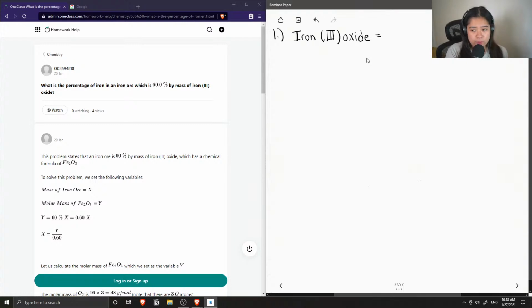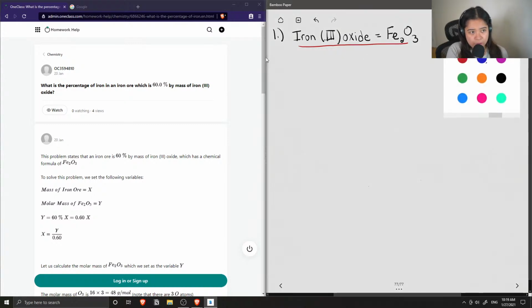So we know that the iron has an oxidation state of 3, and we know that since this is not a peroxide, then our oxygen has an oxidation state of -2. So that makes our chemical formula Fe2O3. Okay, so now that we know the chemical formula of iron 3 oxide, let's find out its molar mass.